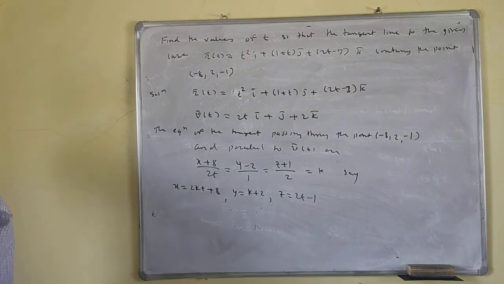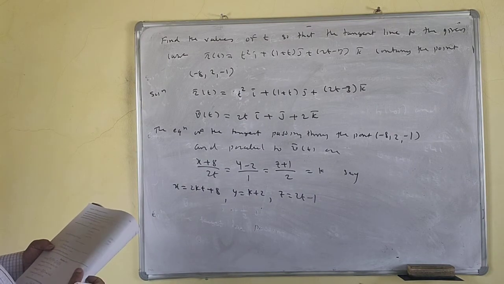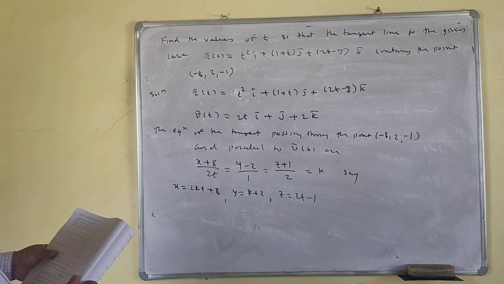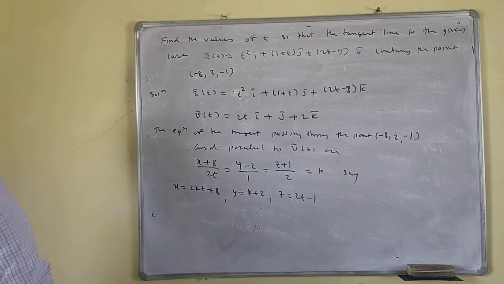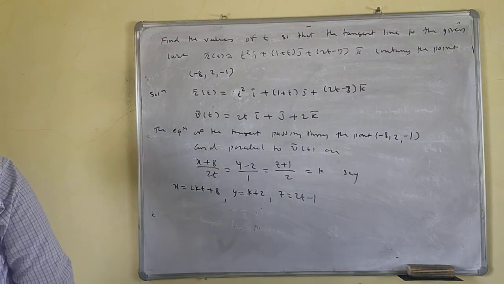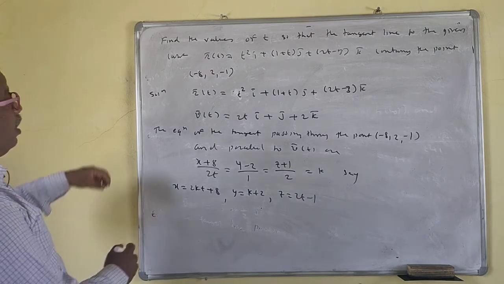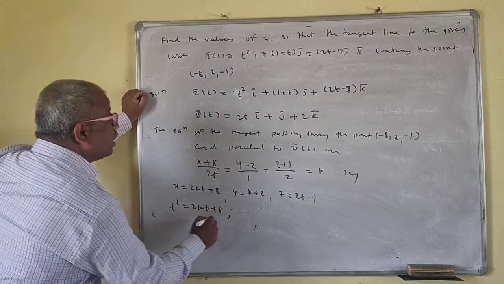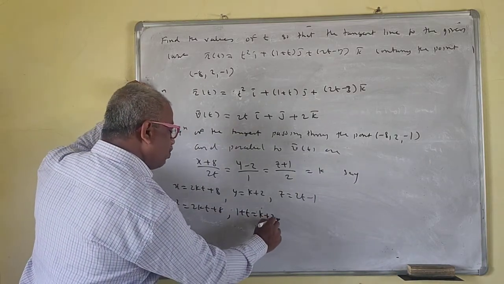Okay, so this is okay, but your x is what here? x is t square. Okay, t square is equal to twice kt plus 8. Your y is equal to 1 plus t. 1 plus t is equal to k plus 2.